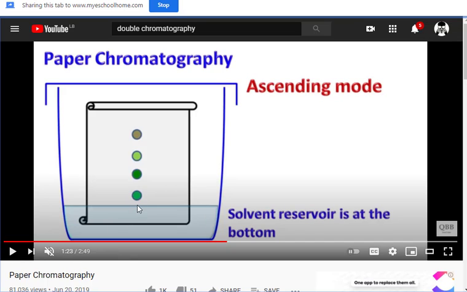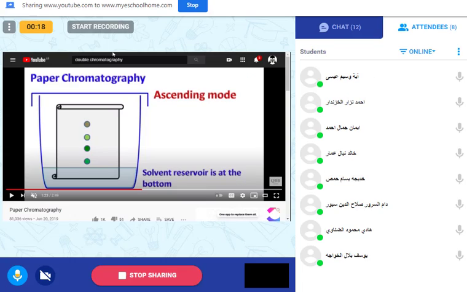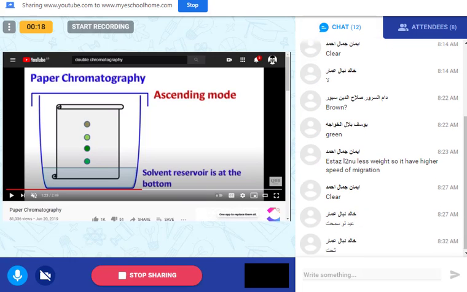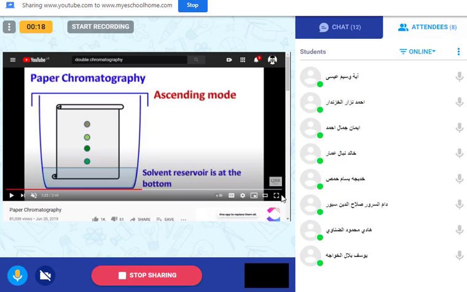The one that is light green, the first one at the bottom. This is the heaviest, the largest. Now, Khalid, at least I have 4 components.